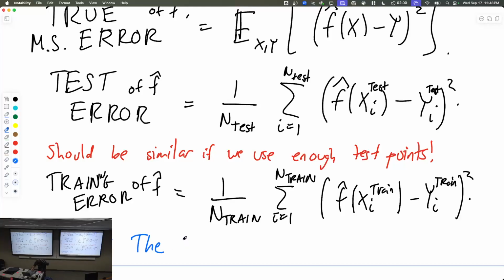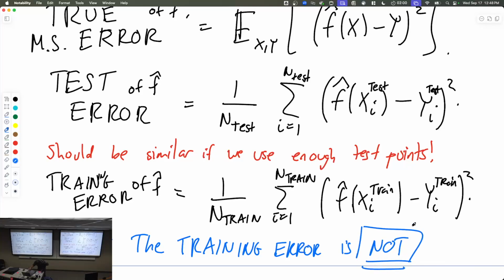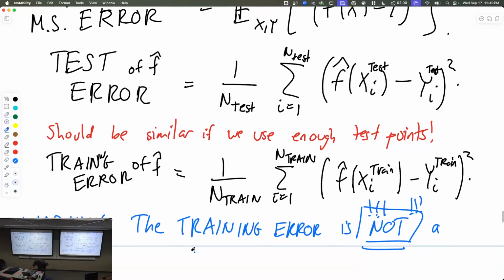The training error is not, in big capital boxed letters with lots of exclamation points, it is not a good proxy for the true error.